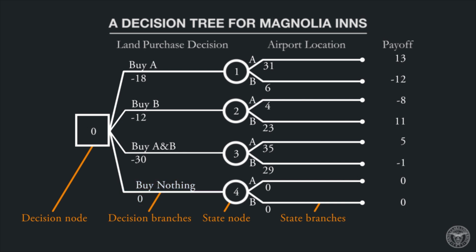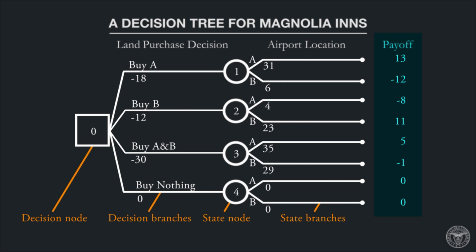After each decision, we have 2 states of nature. For example, in this round 1, we have decision A for state of nature A and state of nature B. At the end of the tree, we have the payoff values.